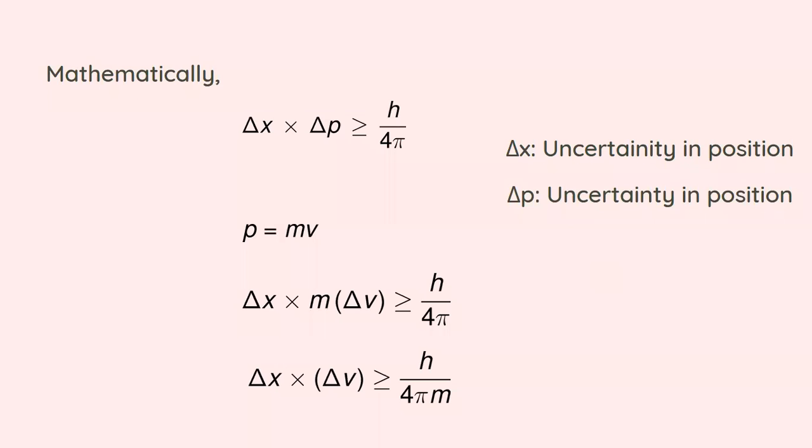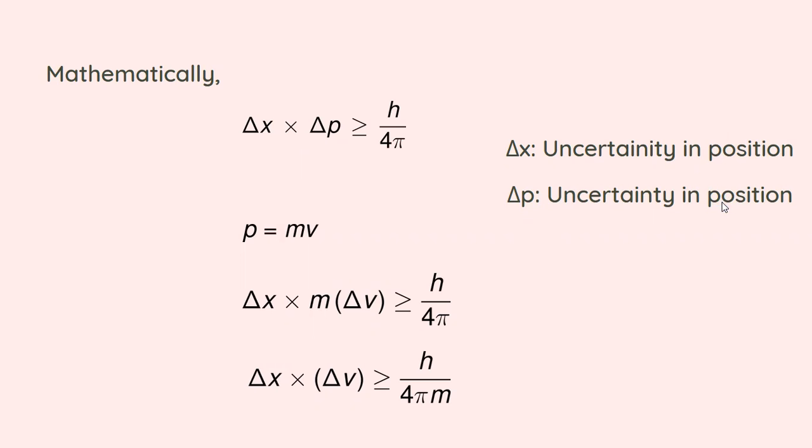Mathematically, delta x into delta p is greater than or equal to h by 4 pi, where delta x is the uncertainty in position and delta p is the uncertainty in momentum.